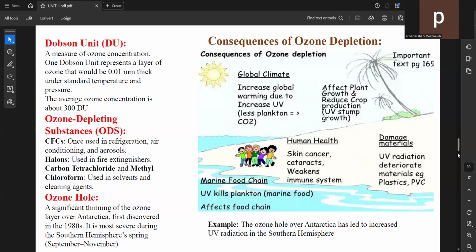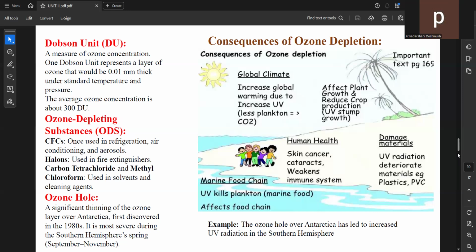Okay. Now the next is the consequences of the ozone depletion. Here is the diagram or image showing you the consequences of the ozone depletion. Everyone knows about this. That is the increase in the UV radiation, damage to the ecosystems and impact on the materials. This UV radiation degrades materials like plastics and paints.